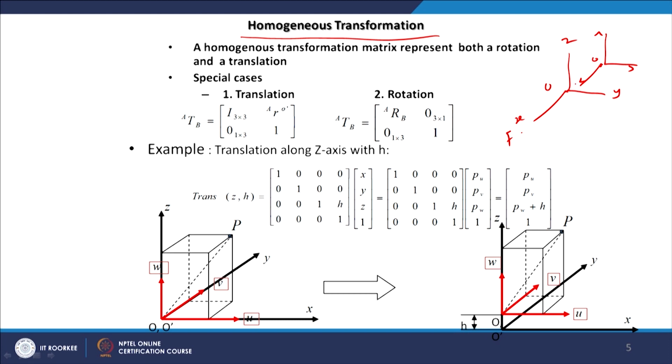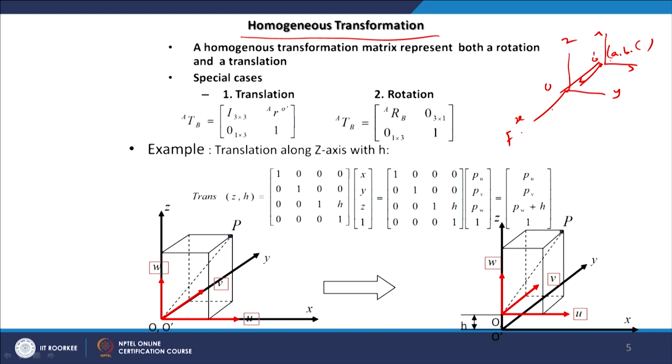So the new translated origin will have coordinates a, b, c, let us say, with respect to the old frame.